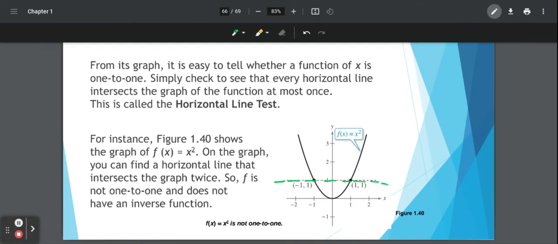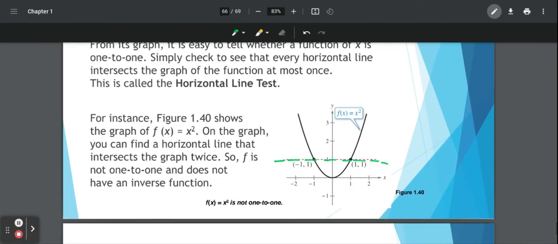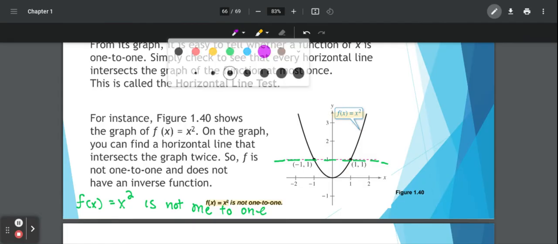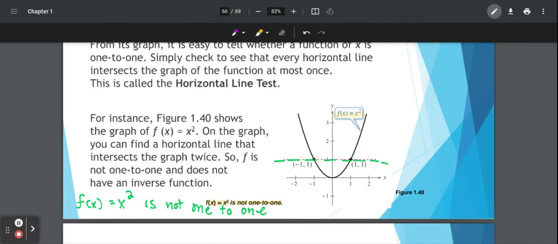So it does not pass the horizontal line test, which would mean that f of x equals x squared is not one-to-one, which is what it says right here in really small letters. It's still a function, because it passes the vertical line test. It's just not a one-to-one function, which means then that the inverse is not a function.